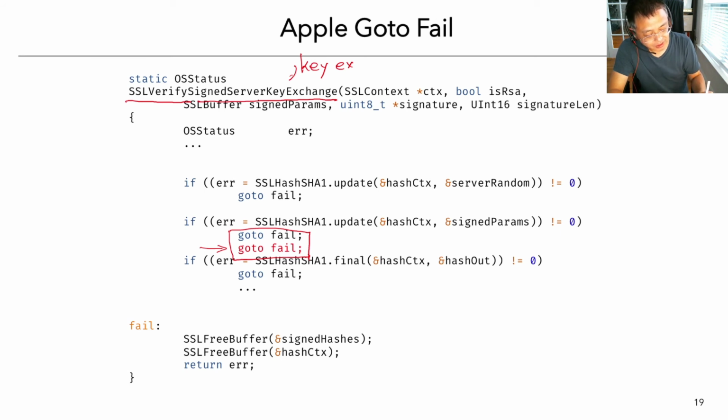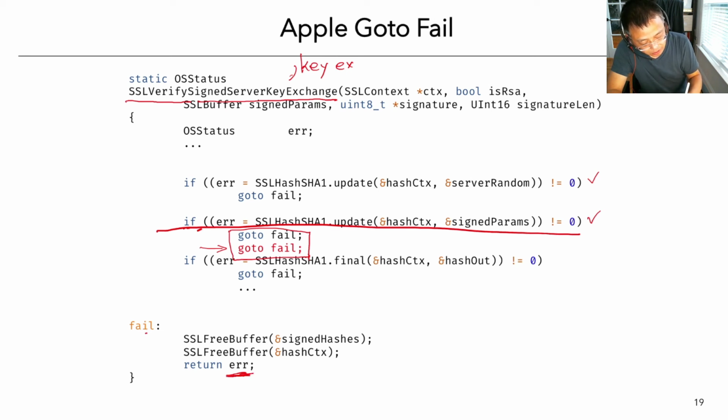So let's look at what happens if you have a certificate or key exchange process which passed those two checks. If we didn't pass this check, we go to fail and it will return an error message. If it passed this one but failed the second check, it's going to go to fail and then return error.